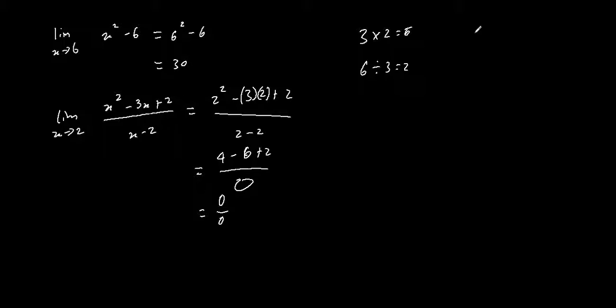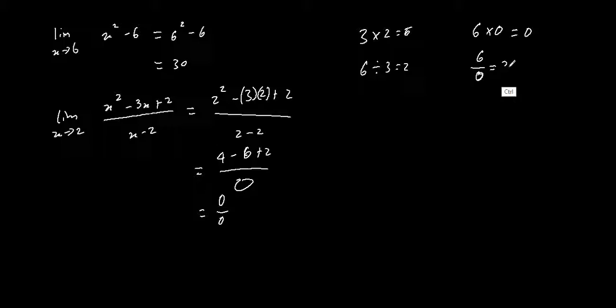Then if I write 6 times 0 equals 0, we know that. But then what about 6 divided by 0? We can't solve that.